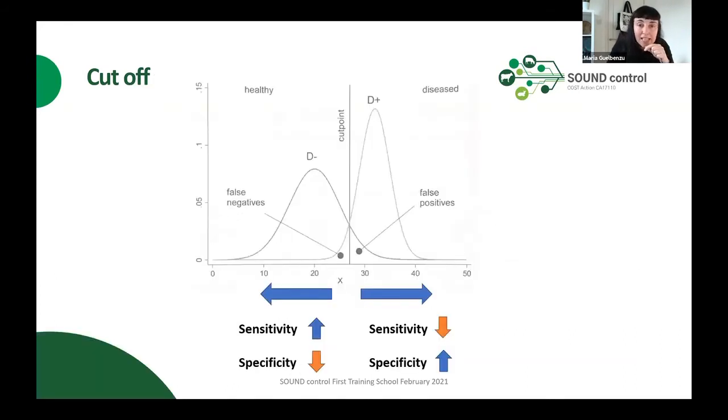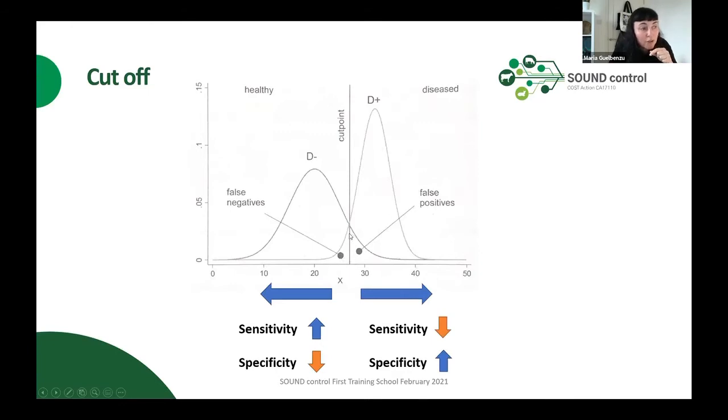So let's say this is the same as we were looking at before. We have our healthy animals on the left of our cut point, and the diseased on the right, and those test positive and negative. So what happens if we move the cutoff to the right-hand side? Well, the sensitivity is going to come down, and the specificity will increase, and we'll have an increase in false negatives.